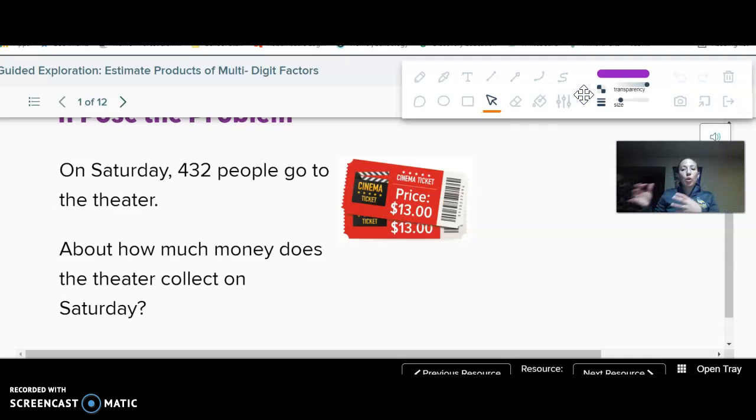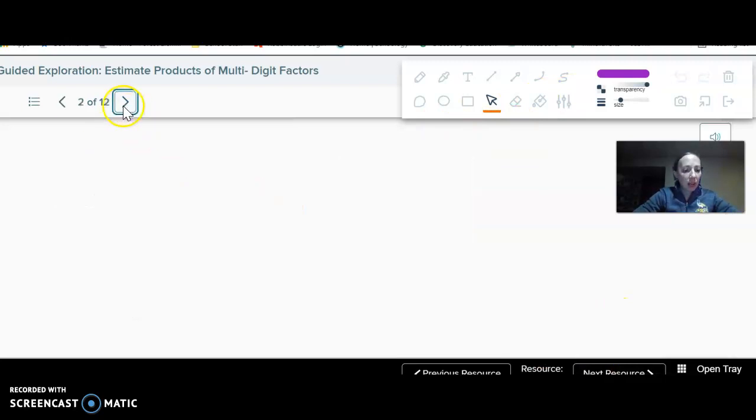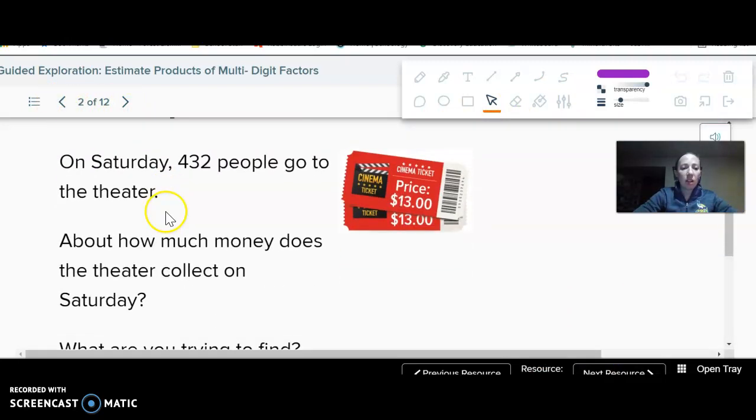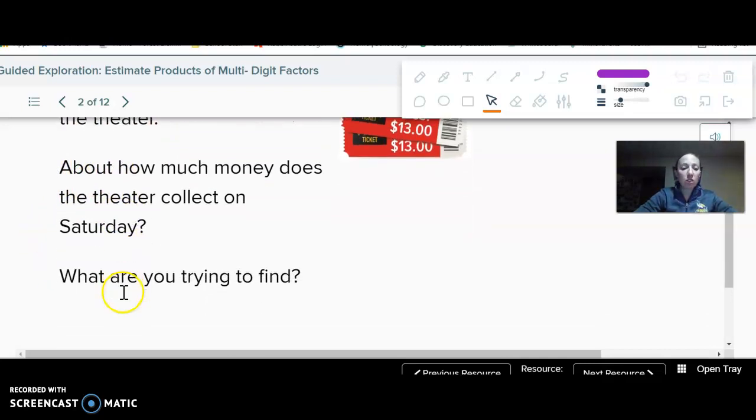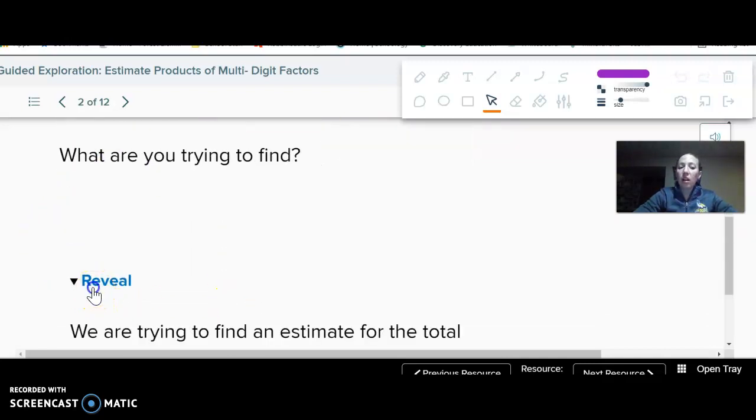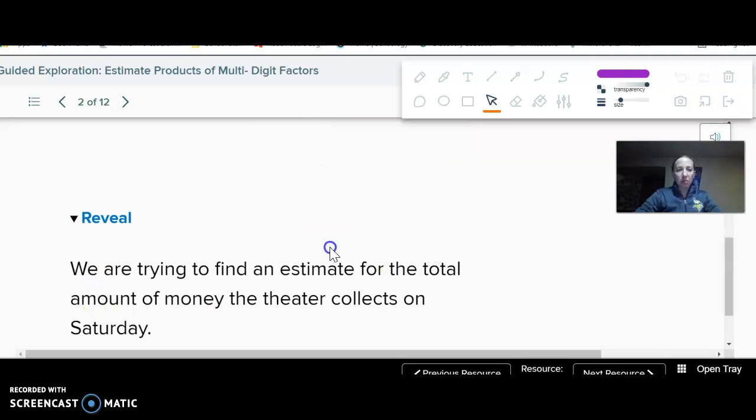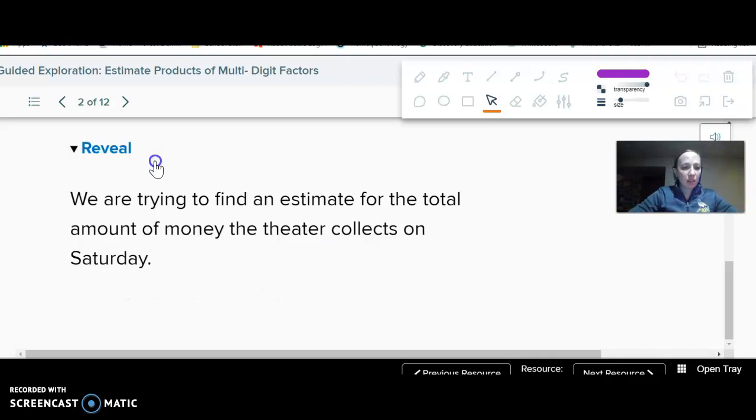Well, 432 groups of 13, we could multiply to figure it out. But notice it says about how much money. So that means we are just trying to find an estimate. Remember, if it says about, we can just estimate, not find an exact answer.